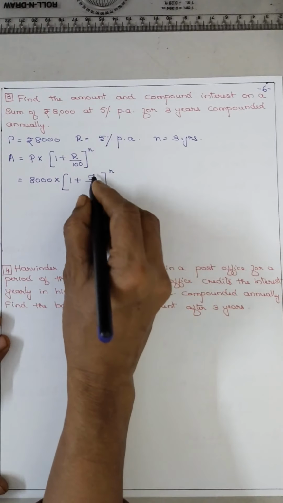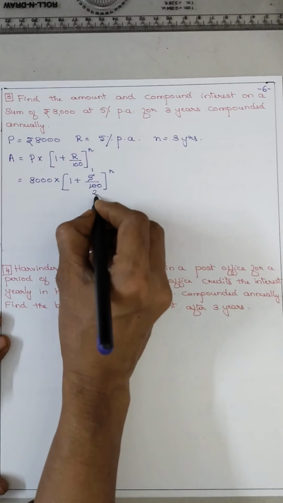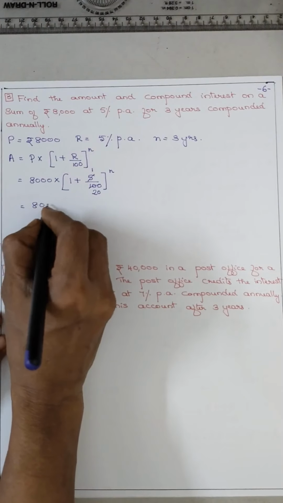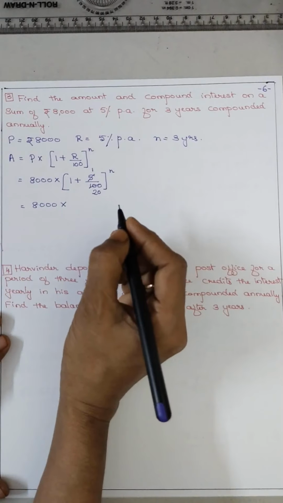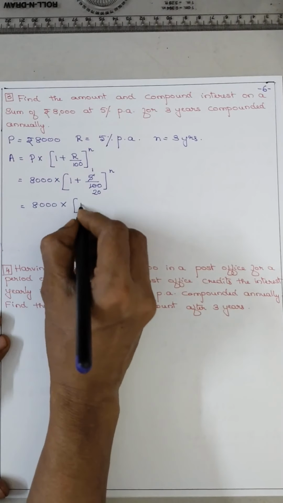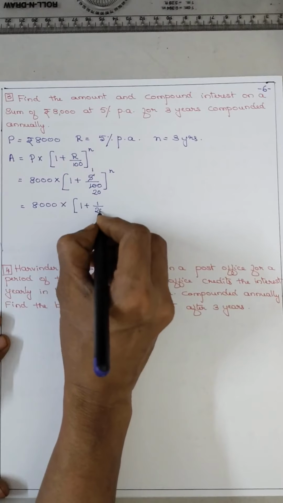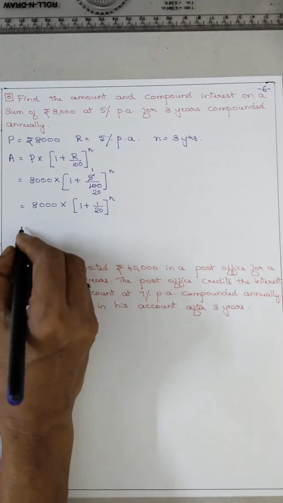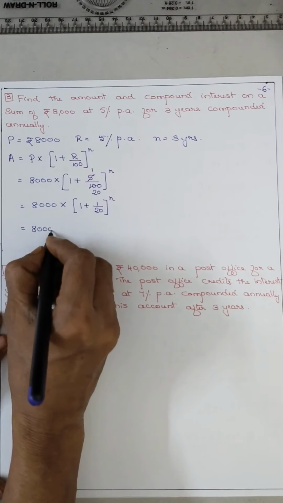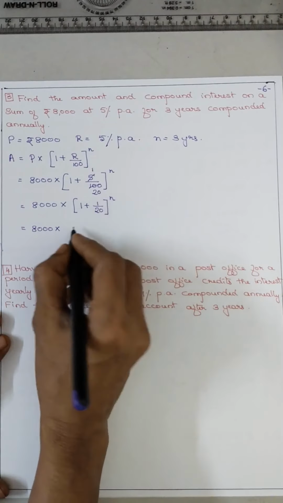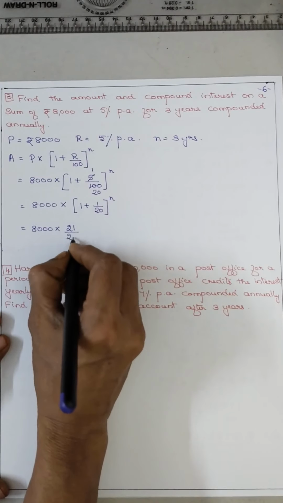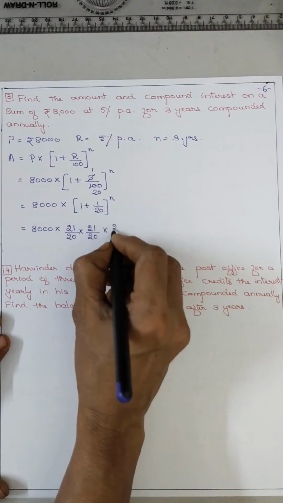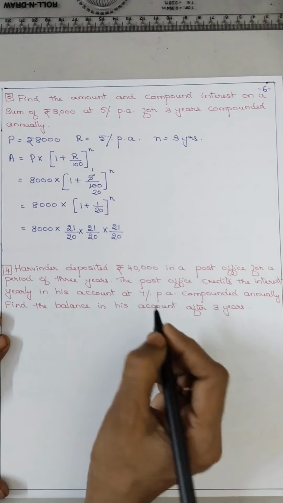Now 5 ones are 5, 5 20s are 100. So it becomes 8,000 into 1 plus 1 by 20 the whole raised to N. Now 1 means 20, so 8,000 into 20 plus 1, 21 upon 20, 21 upon 20, 21 upon 20.